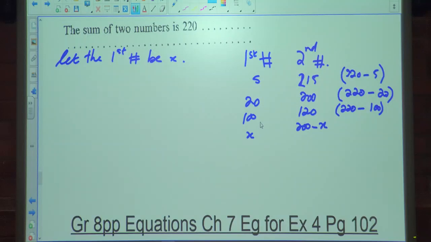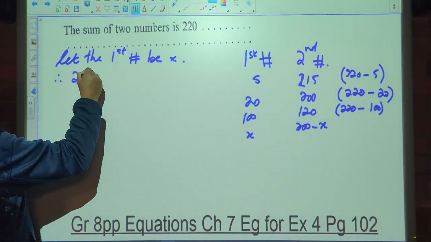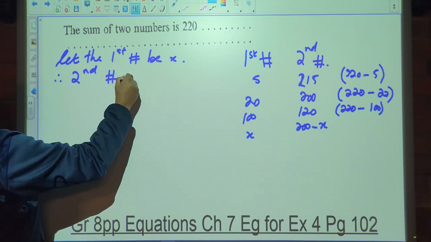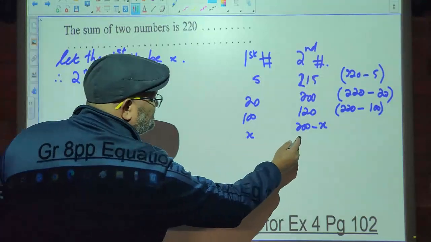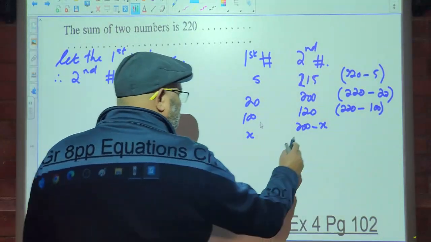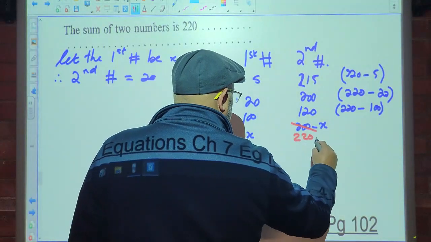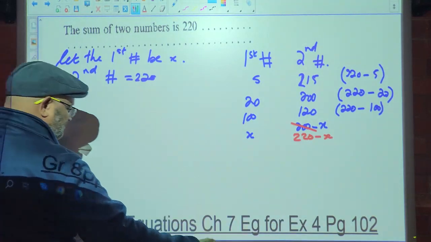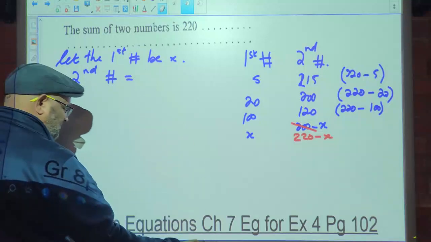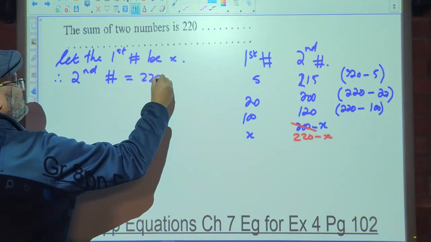The first number is x. So therefore, what's the second number? Therefore, the second number will be 220. Sorry, did I write 200? 220 minus x. That's why you guys are quiet now. But tell me when I go wrong. 220 minus x.